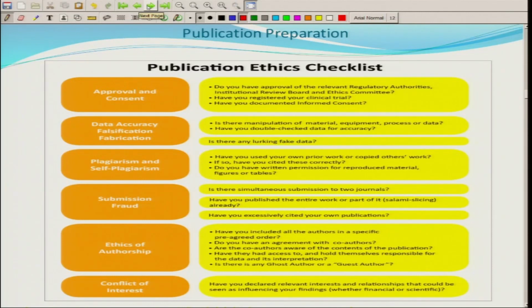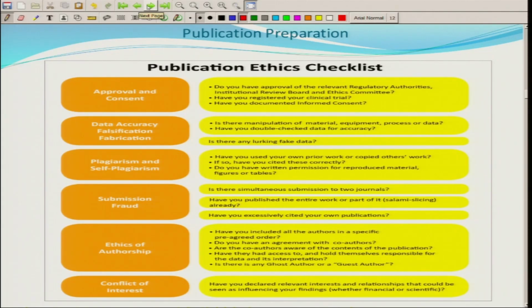Now when we move further, it is about submission fraud. You must not submit the same paper at the same time to two different journals without having a rejection or final decision. Scholars usually do that, but it is an unethical practice. We should not commit submission fraud, submitting the same script to multiple journals.